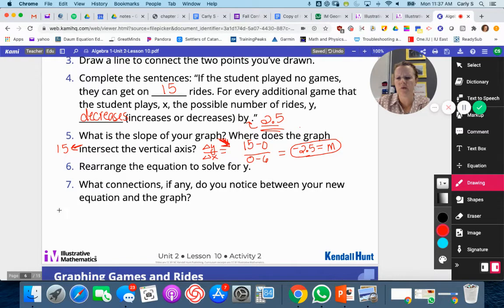My equation was 2.5x plus y equals 15. I'm going to rearrange this to solve for y by subtracting 2.5x from both sides. I get y equals negative 2.5x plus 15.